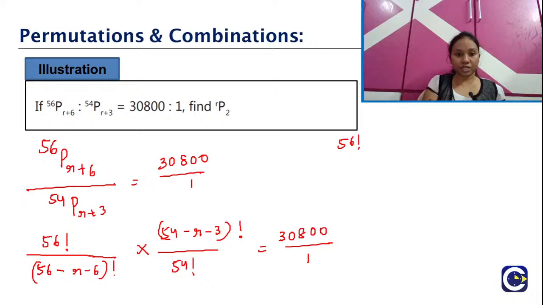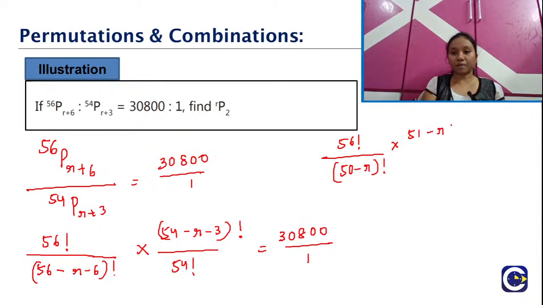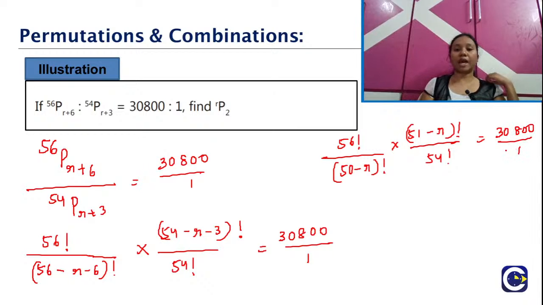It will be 56 factorial divided by, 56 minus 6, that is 50 minus r factorial, and in the numerator it will be 54 minus 3, which is 51 minus r factorial, divided by 54 factorial, which is equal to 30,800 divided by 1. So now what do we have to do? We have to apply our property related to factorial. So 56 factorial can be written as 56 into 55 into 54 factorial. Yes or no?